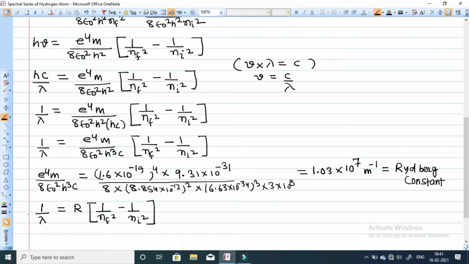So this formula we have established regarding the wavelength lambda and the energy states of the electron when the electron is making the transition.